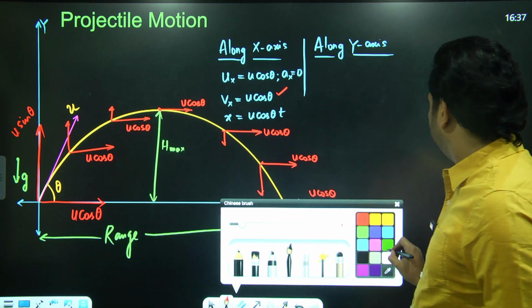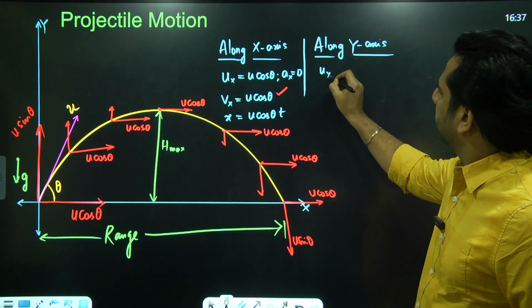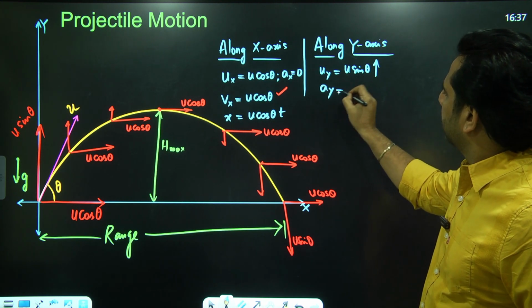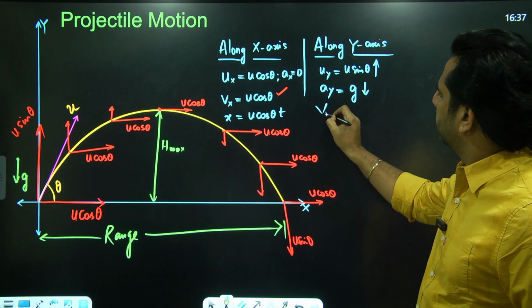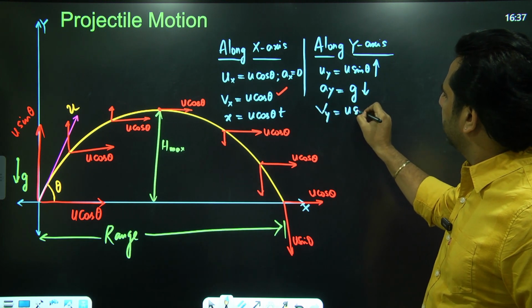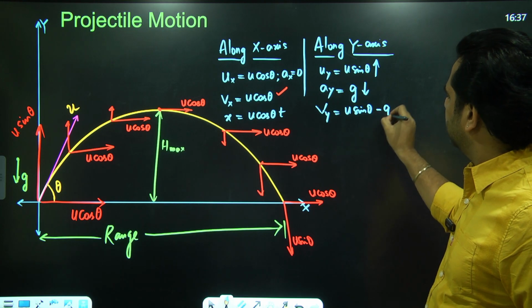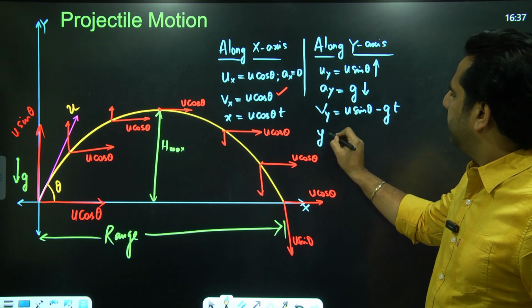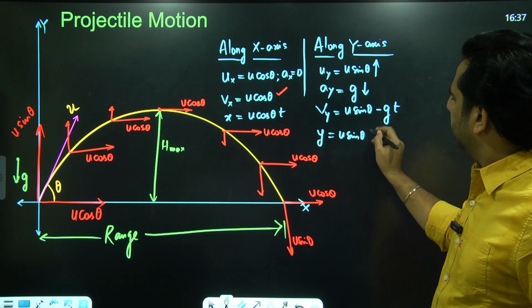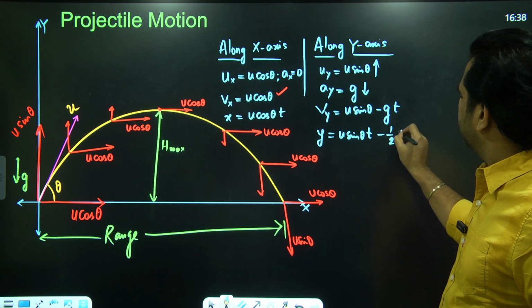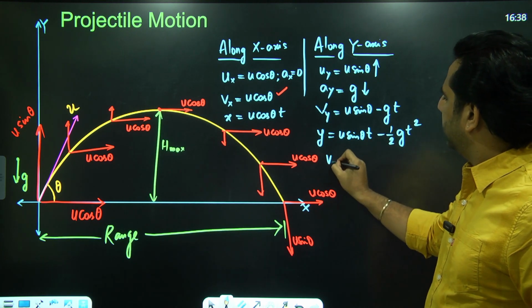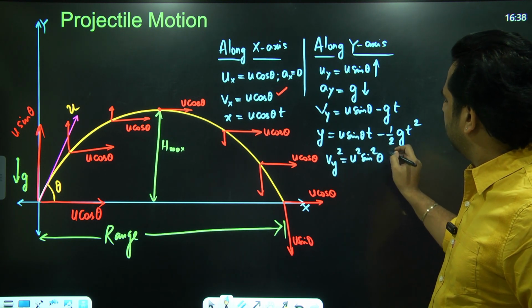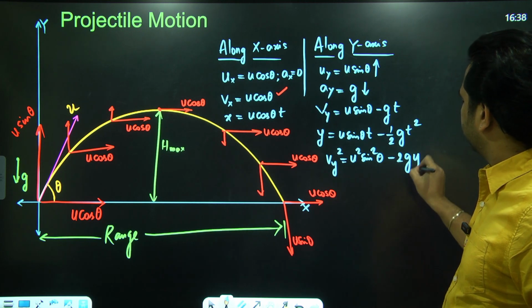Let me write equations along y-axis. Uy is u sin theta, ay is g, down, so vy, I'll use u sin theta minus gt because uy and ay are in opposite directions, and displacement y is u sin theta t minus half gt square, and the third equation v square is equal to u square sin square theta minus 2gy.